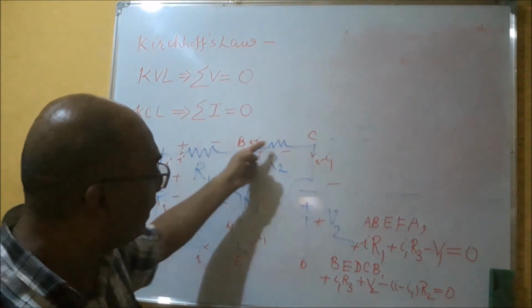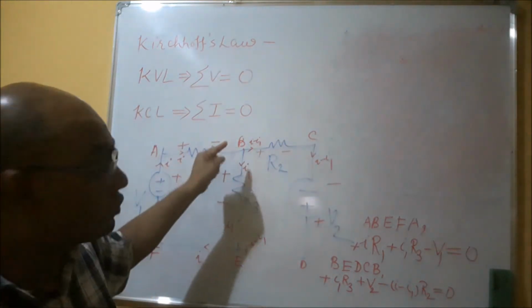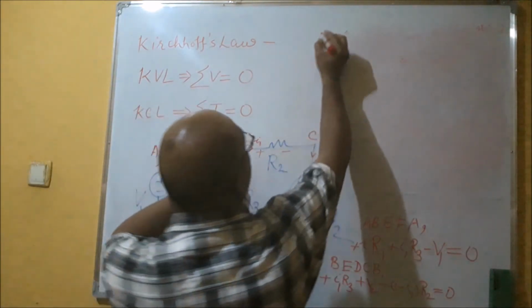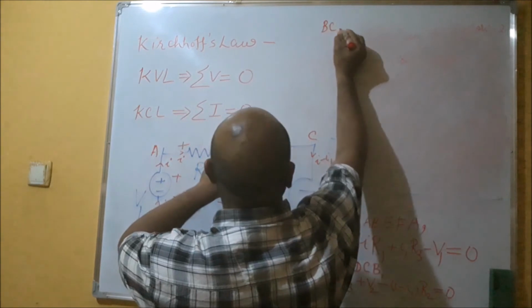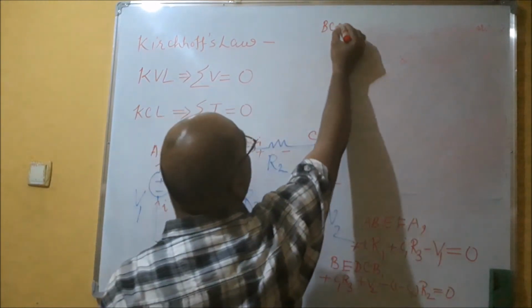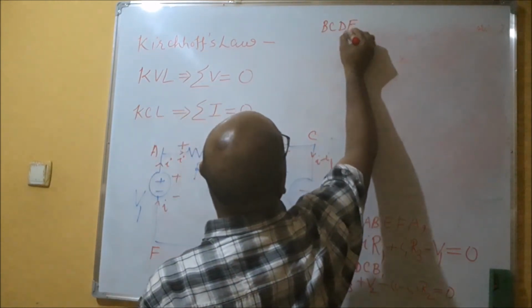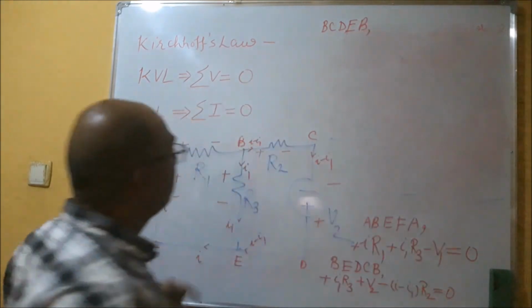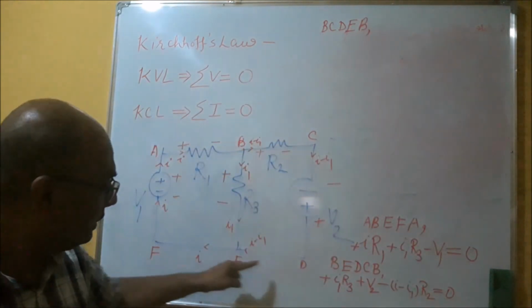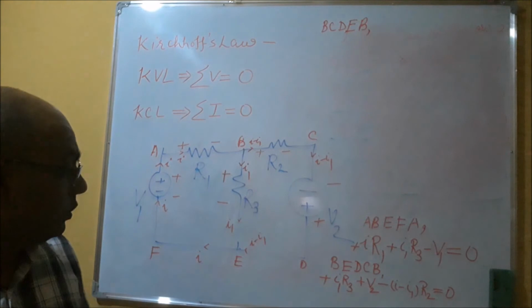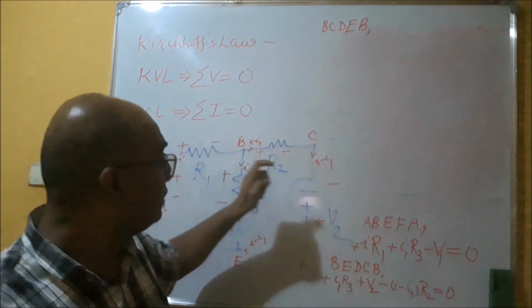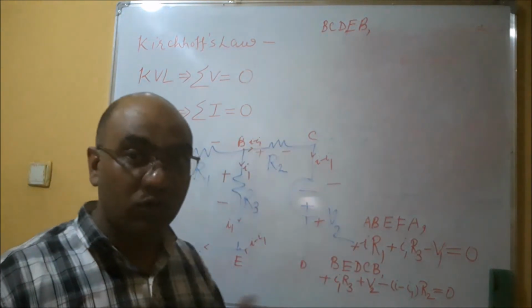Now I'm going to take clockwise. So when you take clockwise, then what will you write? B, C, D, E, B. Right? B, C, D, E, B. So when you move like this, I'll do it somewhat fast.